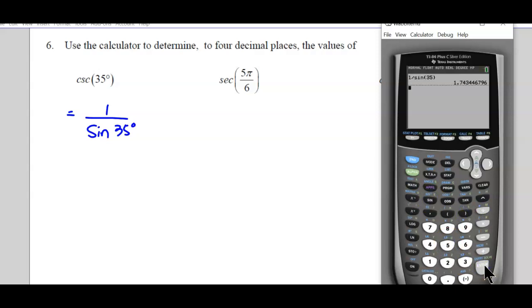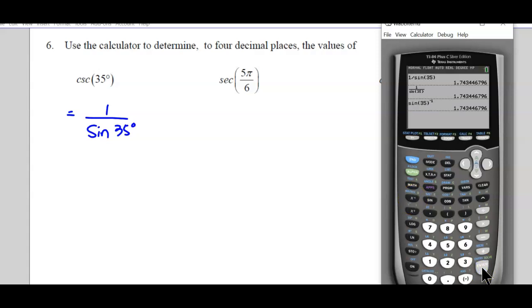Or, well, in fraction form, you could do 1 over sine of 35. If you calculate sine of 35, then you could take the reciprocal, which on the graphing calculator means x to the -1. So this key here, and you'll get the same thing.